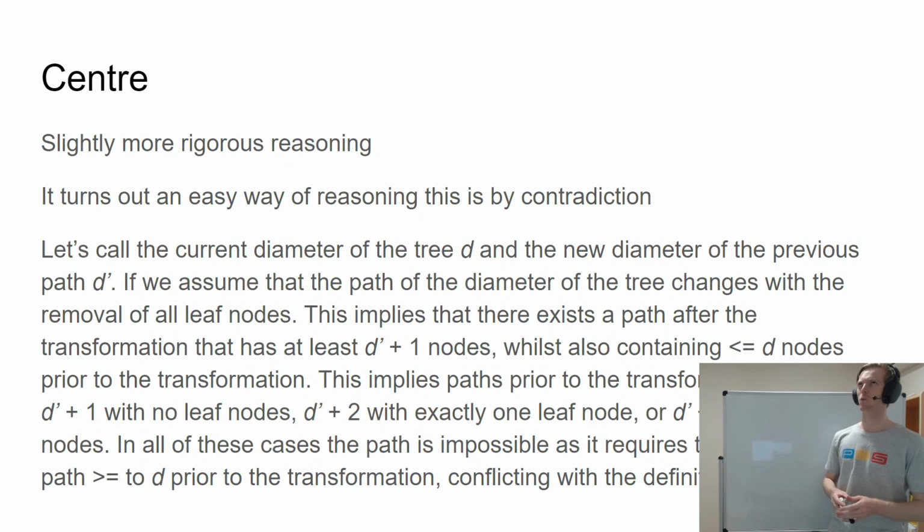Or we find another path that had two leaf nodes but had value d plus 1. We can find that none of these are actually possible due to how the definition of a diameter works.